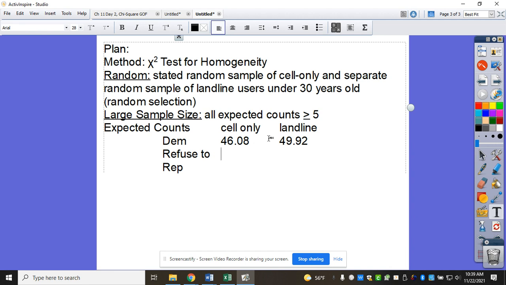Where did I actually get these numbers if I were doing this in front of me right now? How do I get these numbers? And how can I do it? So column total multiplied by row total divided by overall total.